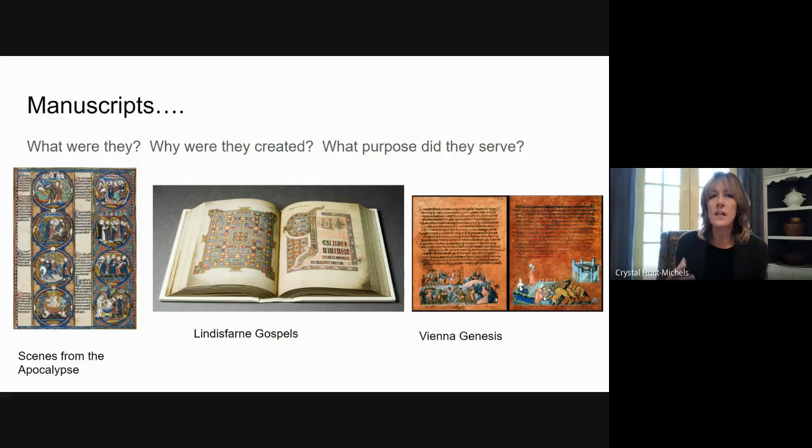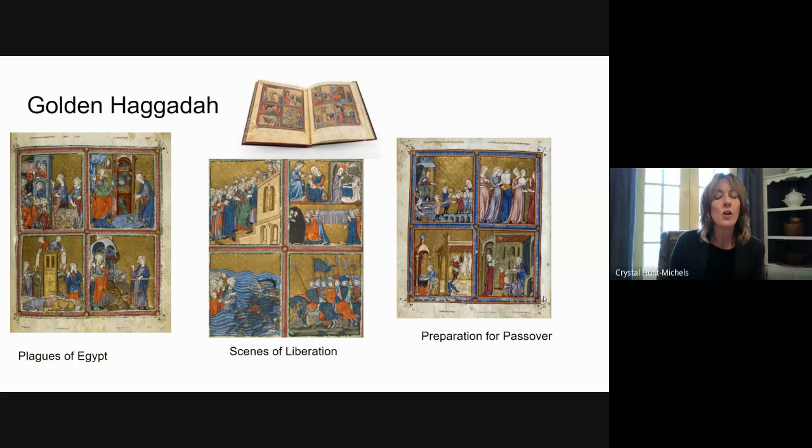So we're in this theme of manuscripts, and that's what leads us to our image for Jewish medieval art, where we'll be looking at the Golden Haggadah. The Golden Haggadah is a very interesting manuscript because if you know anything about contemporary Jewish art, the use of images is really not practiced.